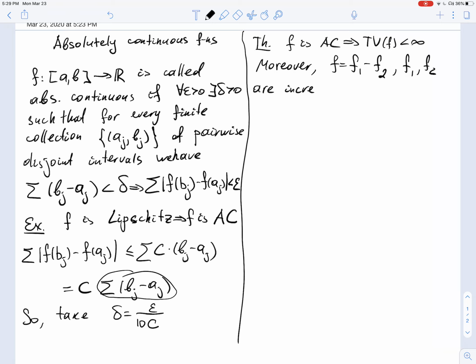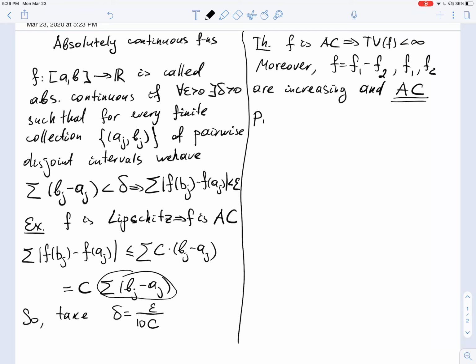So here I'm not saying anything new, provided we proved the first arrow. So they are increasing and also absolutely continuous. So if a function is absolutely continuous, we can write it as a difference of two increasing absolutely continuous functions.